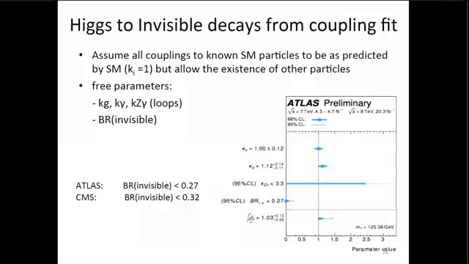And also we add a new parameter, the branching ratio to invisible. You can fit these parameters and get limits on the invisible branching ratio of about 30%.